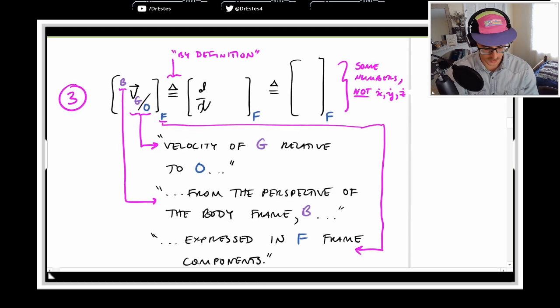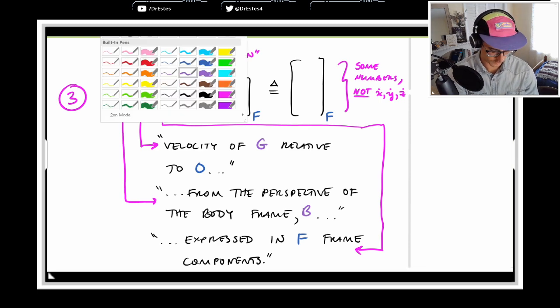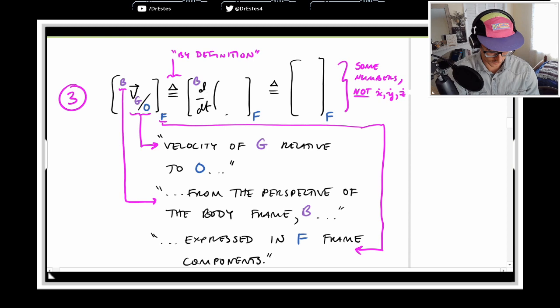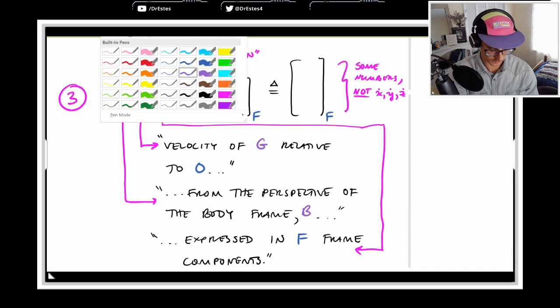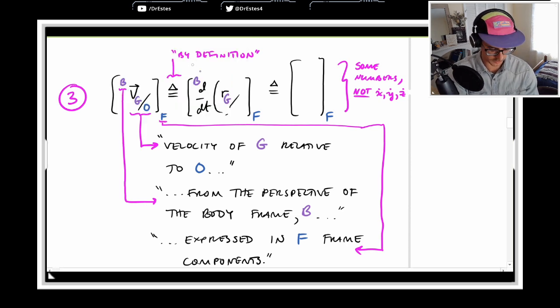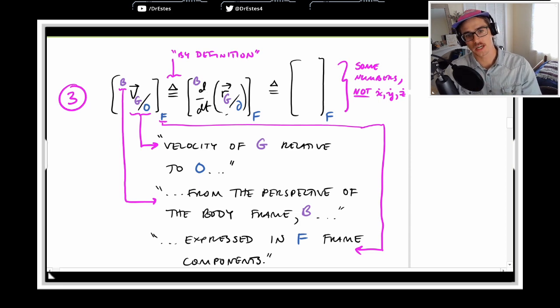The superscript on the left is the time derivative with respect to the B frame of our position vector G relative to O, and then I'm going to project that onto F frame components.